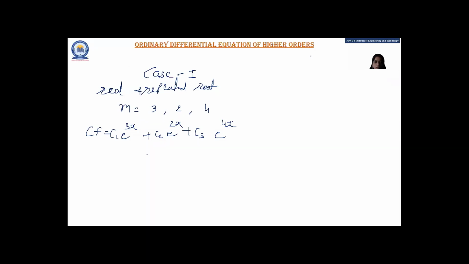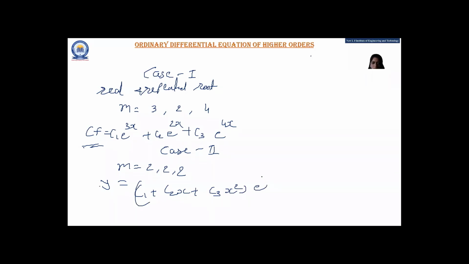For case 2, if our roots are real and repeated, suppose m equal to 2, 2, 2. This root is real but repeats 3 times. At that time, our solution y should be (C1 plus C2 x plus C3 x^2) e^(2x). So this is for real and repeated roots.